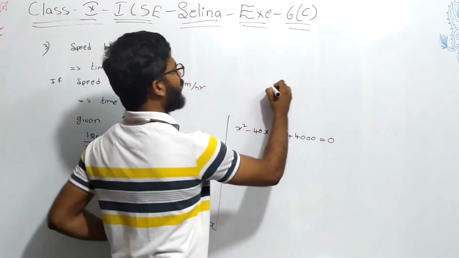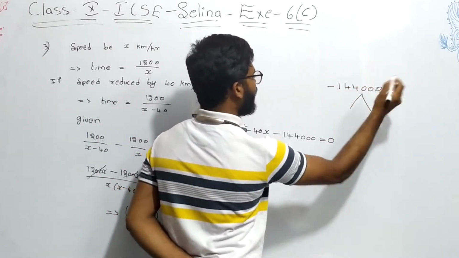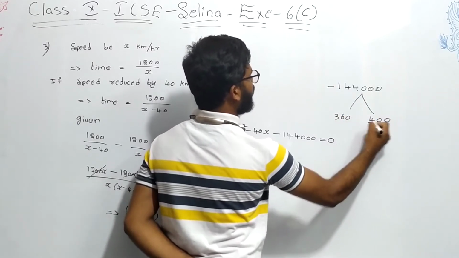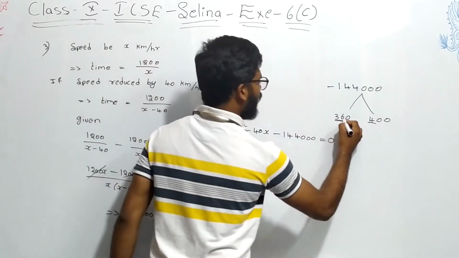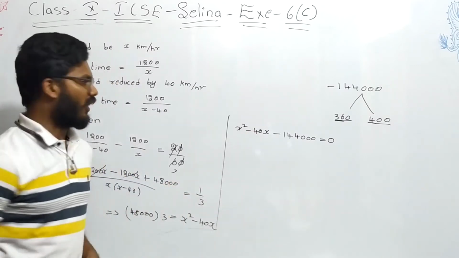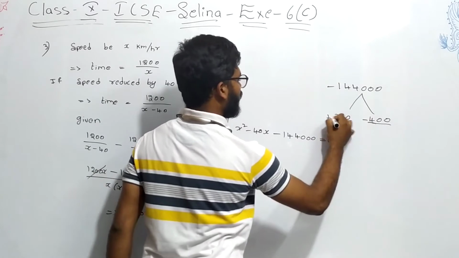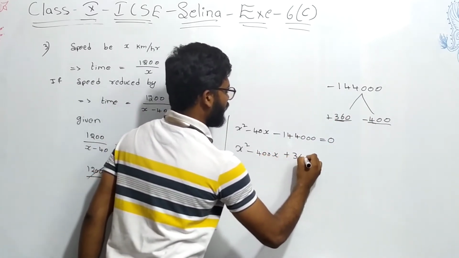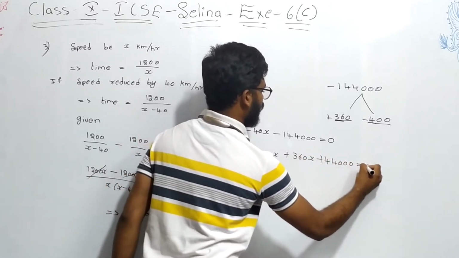So, this is equal to, I think, nearly 360 and 400. Why? Because 36 into 4 is 144. So 144, and here I am adding 2 zeros and 3 zeros. Why? Because the difference is 40. So x square, and here it is negative, right? So minus 400x plus 360x minus 1,44,000 is equal to 0.